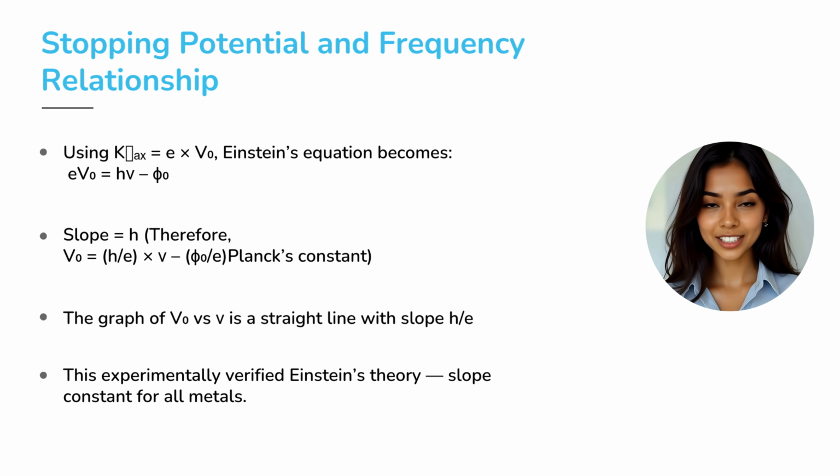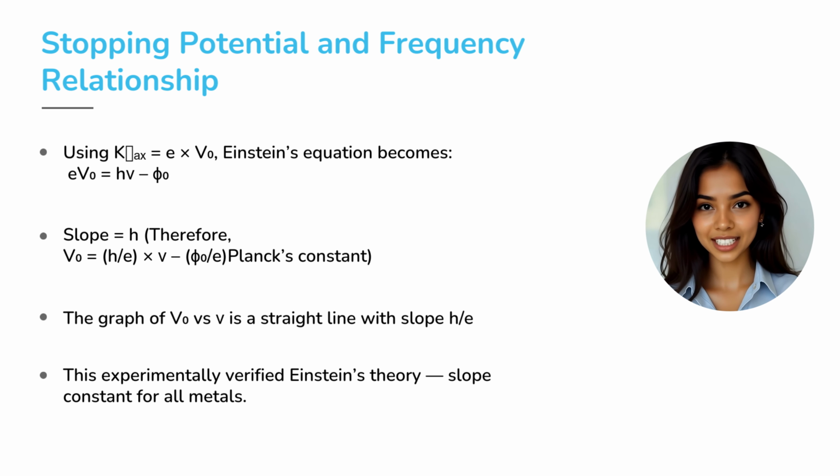Substitute this into Einstein's equation, h nu equals phi naught plus e times V naught. Rearranging, we get e V naught equals h nu minus phi naught. And dividing both sides by e, V naught equals open bracket h divided by e close bracket multiplied by nu minus open bracket phi naught divided by e close bracket.